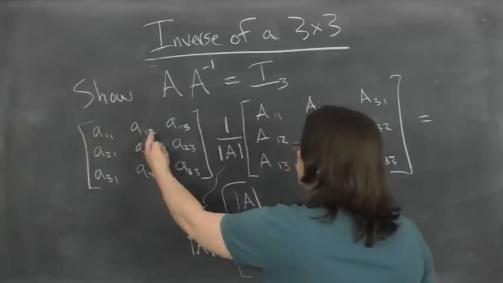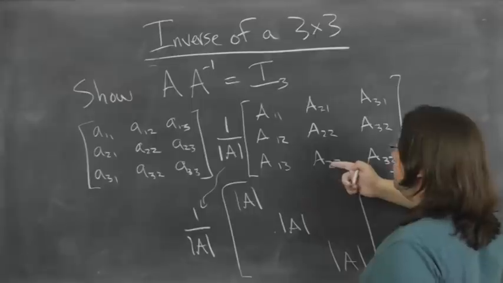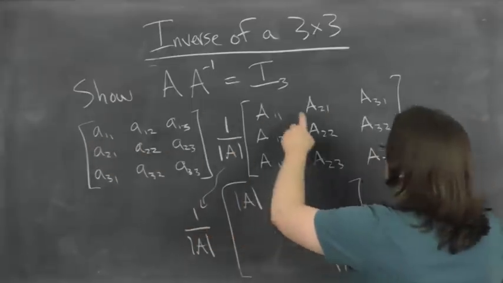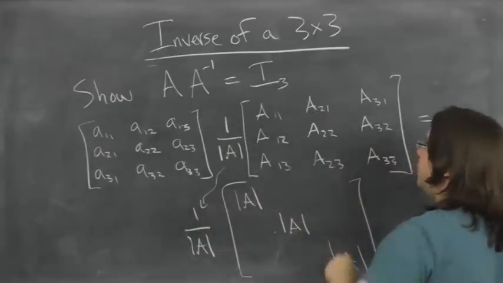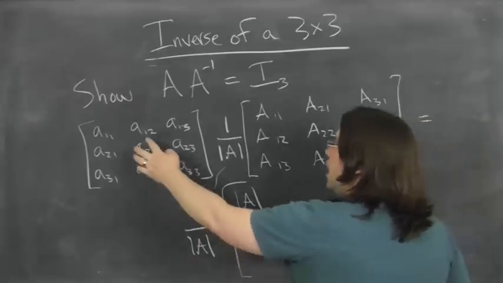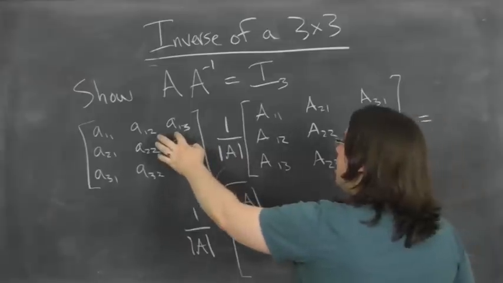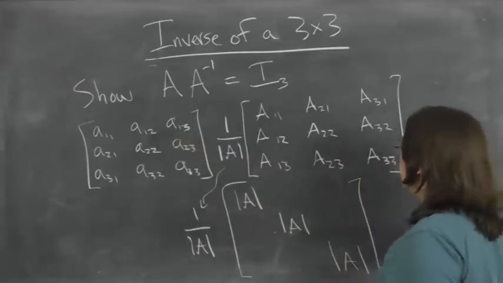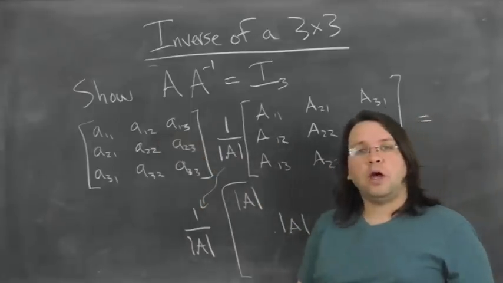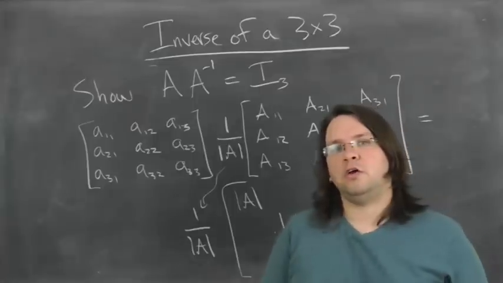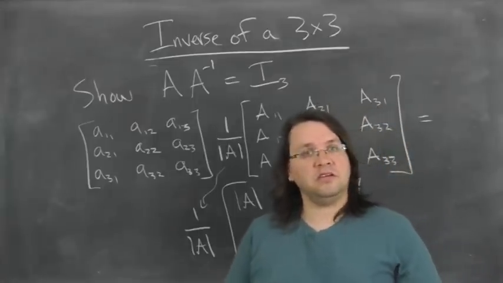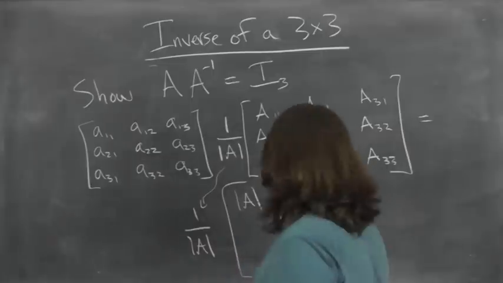What happens for all the other rows and columns? Well, if we take the first row and say the second column, we get A11 and then the cofactor for A21, A12 and the cofactor for A22, A13 and the cofactor for A23. And if you write that out, what you'll see is that'll be precisely one of the instances of the alien cofactor rule.